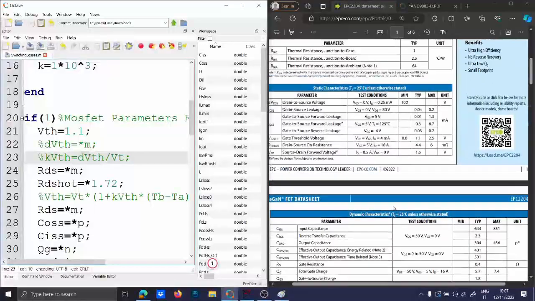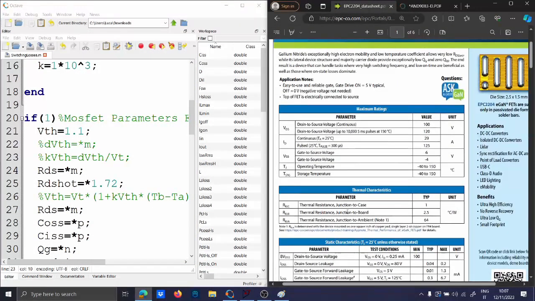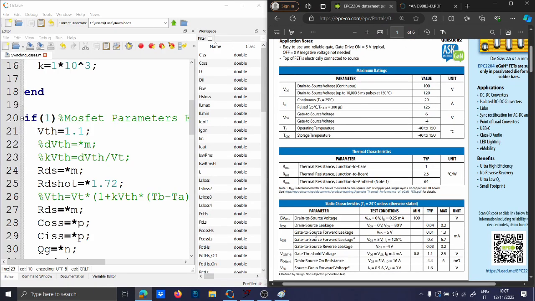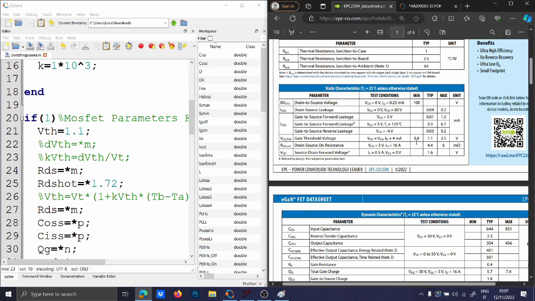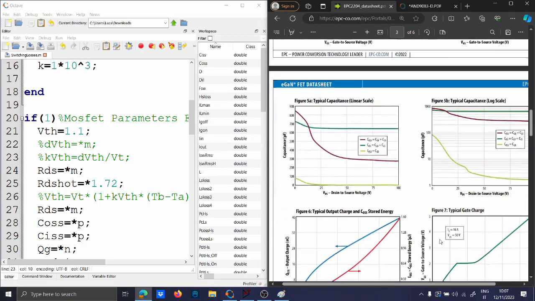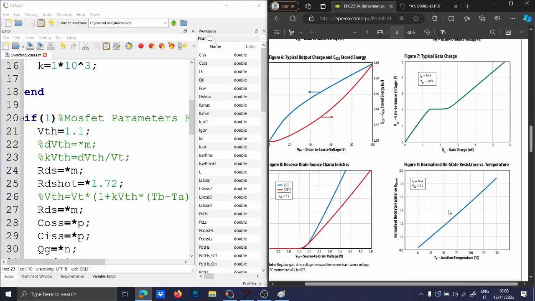The RDS, the drain-source resistance, can be found here in the first pages. It is 4.4 milliohms, and now we should see the variation of the normalized resistance towards the maximum temperature, which is more or less 1.72, if you look around 125 degrees.